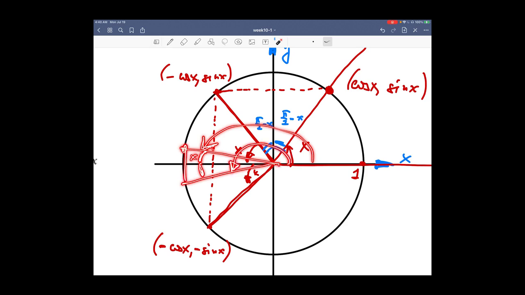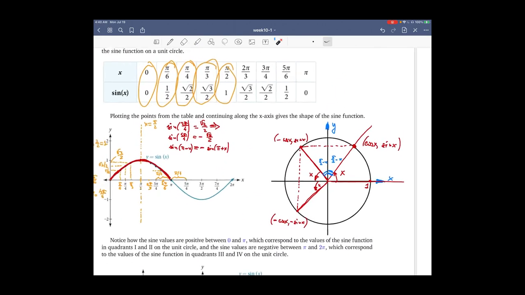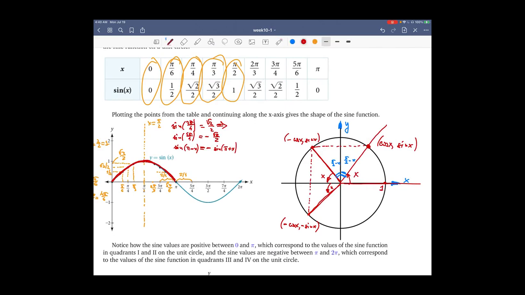Of course, these 2 points are symmetric about the x-axis, meaning that they have the same x coordinate, and the y coordinates are equal by absolute value and differ only by a negative sign. So that gives us the piece of the graph from pi over 2 to pi, from pi to 3 pi over 2.